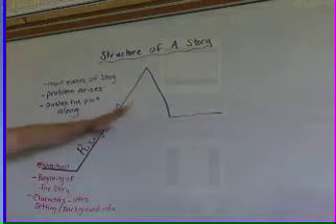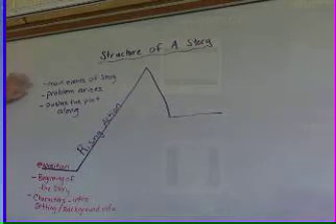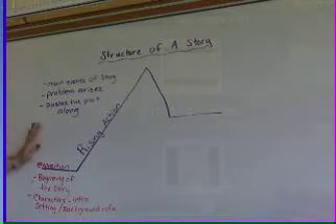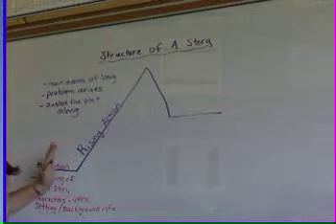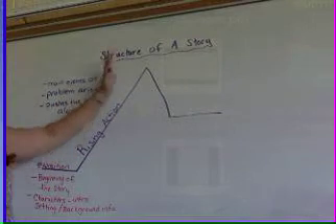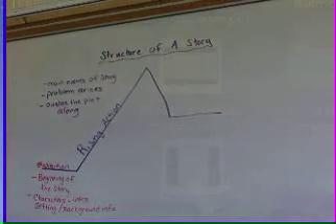And then in the rising action, we start to get into the problem. Okay, we start to find out that there's a problem with the villain, and the villain is doing this to the people of the city. It starts to push the plot along. So the villain is doing all of these things, and the superhero is trying to keep up with him and trying to stay ahead of the game.